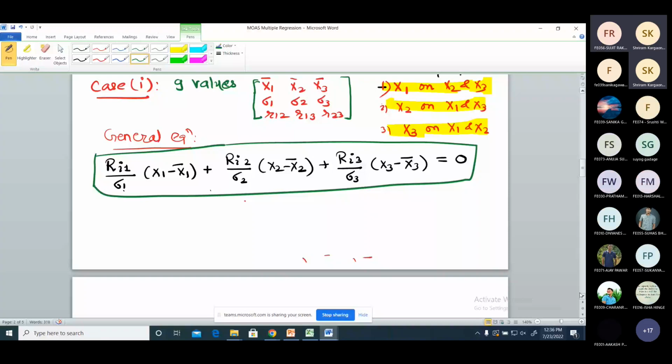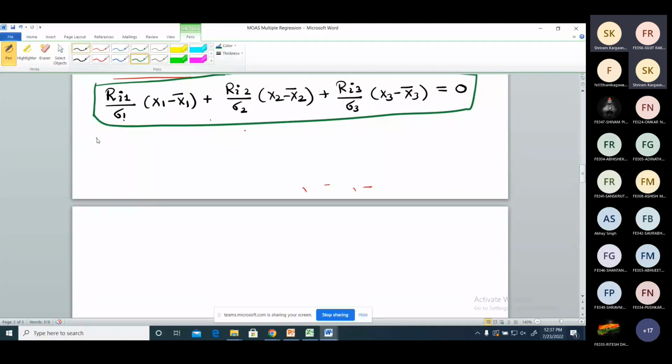Listen carefully. Suppose you want the multiple regression equation of x1 on x2 and x3, which is our first multiple regression equation. What you have to do is put i equal to 1.